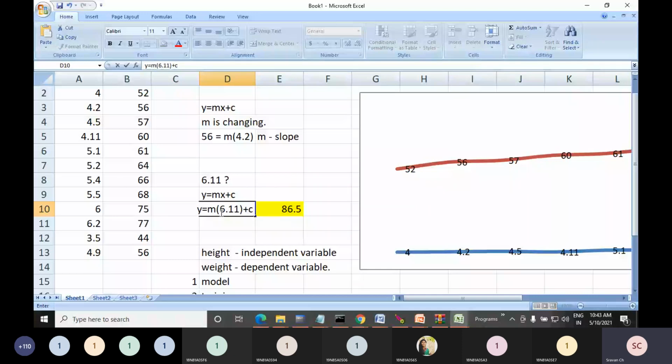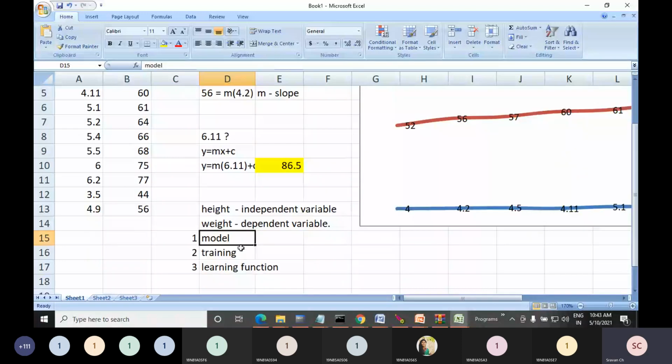It will use that m value and try to predict what the weight should be if the height is 6.11. So like this, I can create a machine learning model.